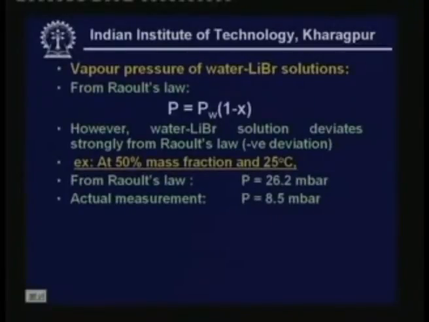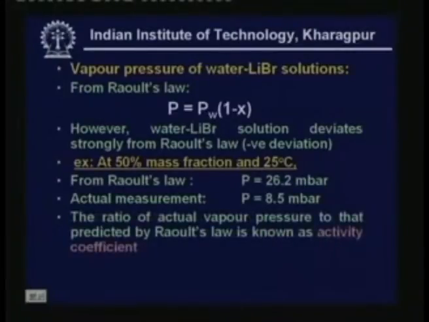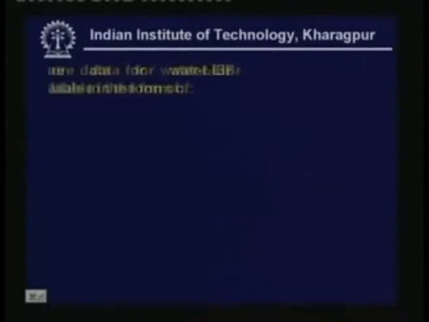That means the actual pressure is much less than the pressure predicted by Raoult's law. This is because of the negative deviation of this solution from ideal solution. And the ratio of the actual vapor pressure to that predicted by Raoult's law is known as activity coefficient, and for this particular mixture you can see that the activity coefficient is much less than 1.